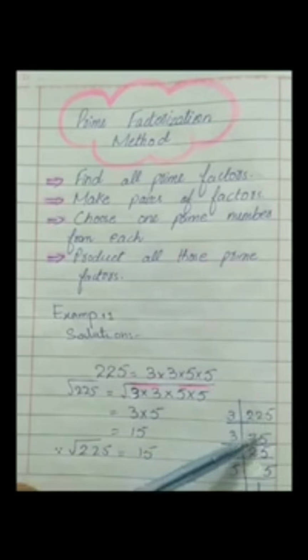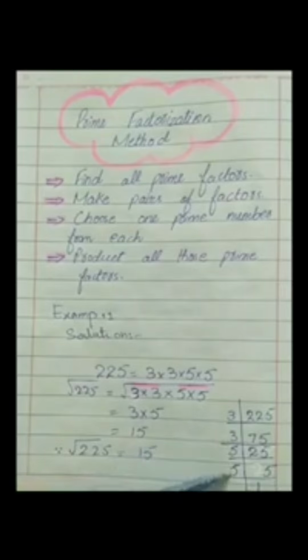Now the sum of 7 and 5 is 12, which is also divisible by 3, so 75 is divisible by 3. 3 twos are 6, 1 carry, 3 fives are 15, and then 25, which is divisible by 5. 5 fives are 25, and then 5 ones are 5.